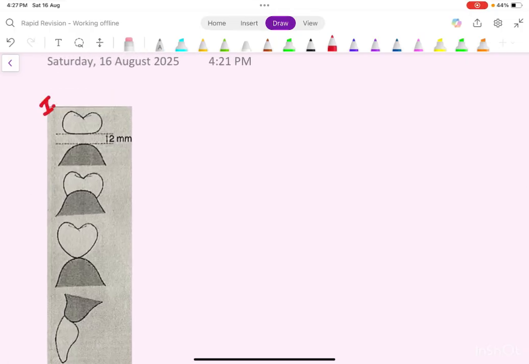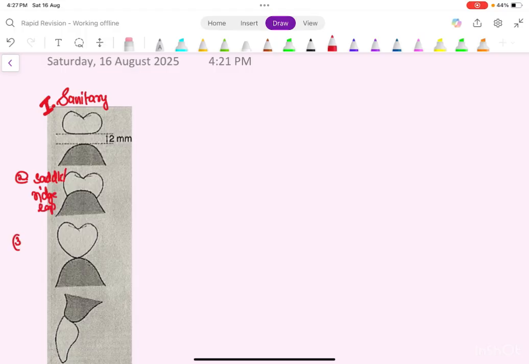So this is the first one and this is our sanitary Pontic. Then second, this is the saddle or ridge lap.